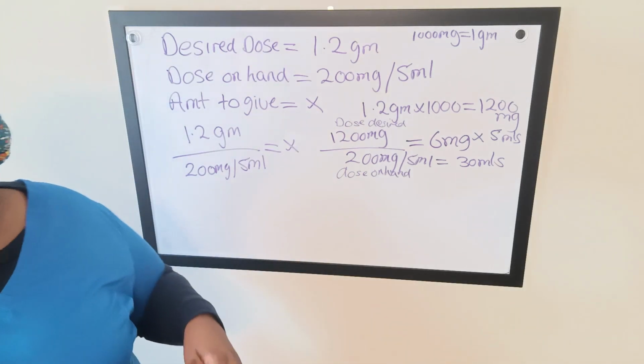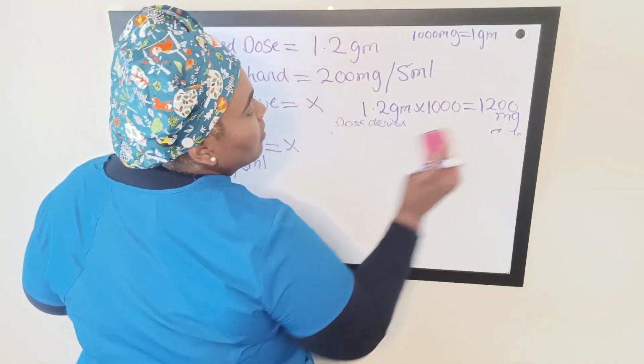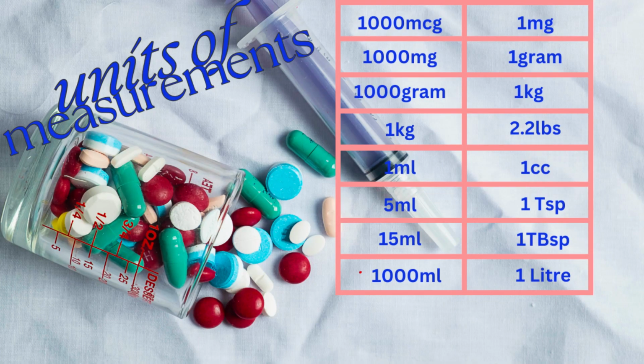Or you just write it like this, to make it all simpler in your mind. We know it's 1,200 milligrams divided by dose on hand, 200 milligrams, and you multiply that by the 5 mils equals X. Alright?